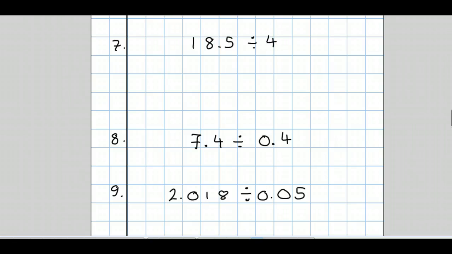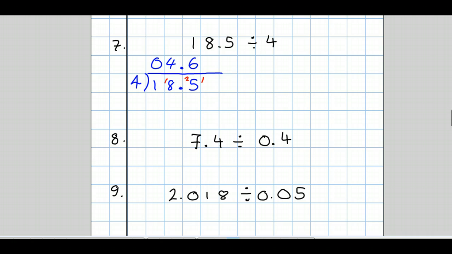Now, just tidy this up a bit as we go and look at question 7. Right, so we draw our bus shelter. Inside it goes 18.5. Put the decimal point above the decimal point in the number you're dividing, and outside it put 4. 4's into 1 go 0, remainder 1. 4's into 18 go 4 times, remainder 2. 4's into 25 go 6 times, remainder 1.